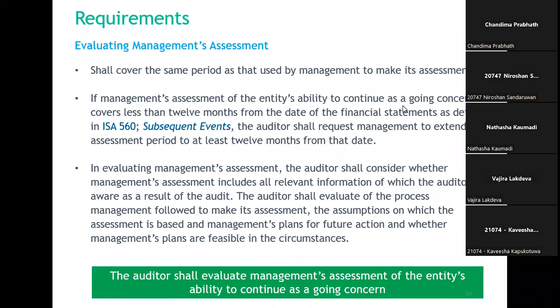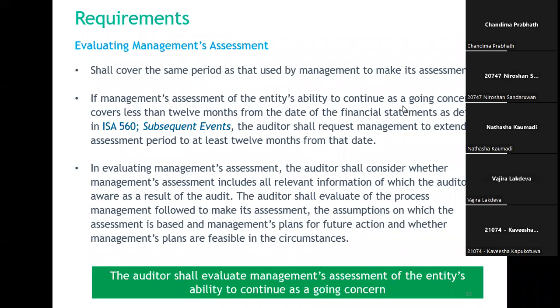In evaluating the management assessment, the auditor shall consider whether management's assessment includes all relevant information of which the auditor is aware as a result of the audit. Auditor shall evaluate the process management followed to make its assessment. So we need to understand the process management has followed to make the going concern assessment.